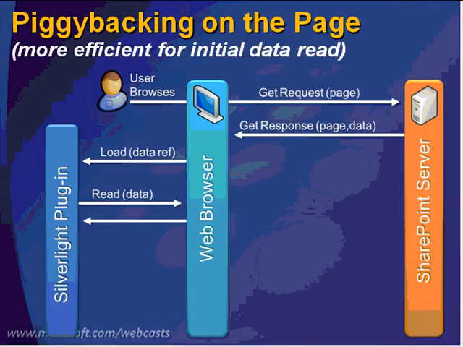We're going to take a different approach here, where we get the page, and we pass some data back on the page. So it's not just the page content, but some data along with it. Then we load the Silverlight app, and all it has to do is go back to the web browser, which is virtually free on the client, and pull that data in.